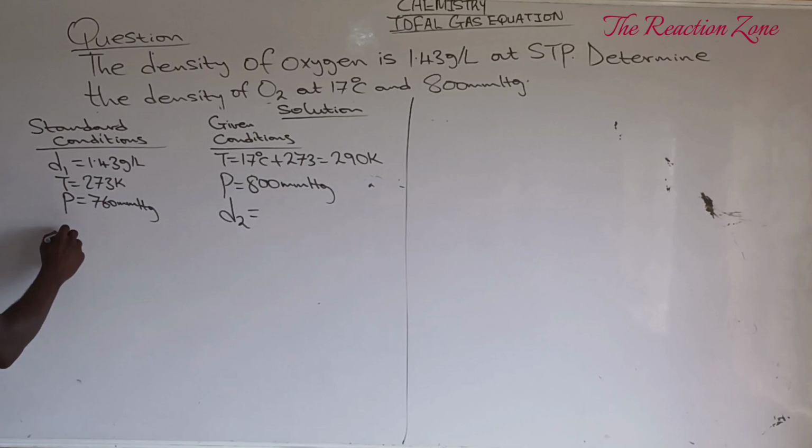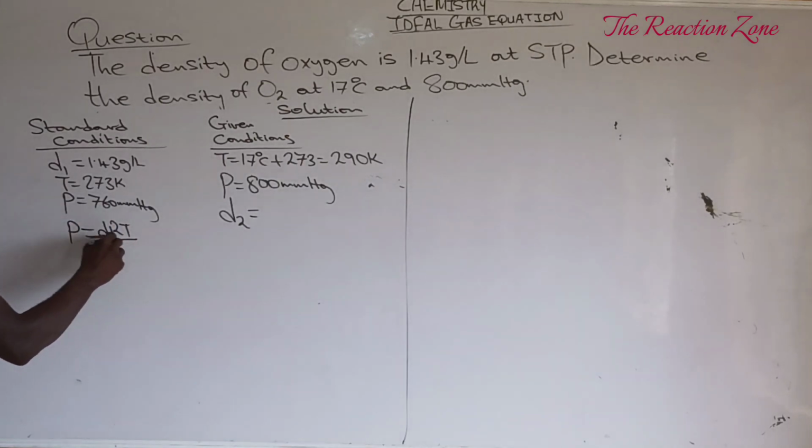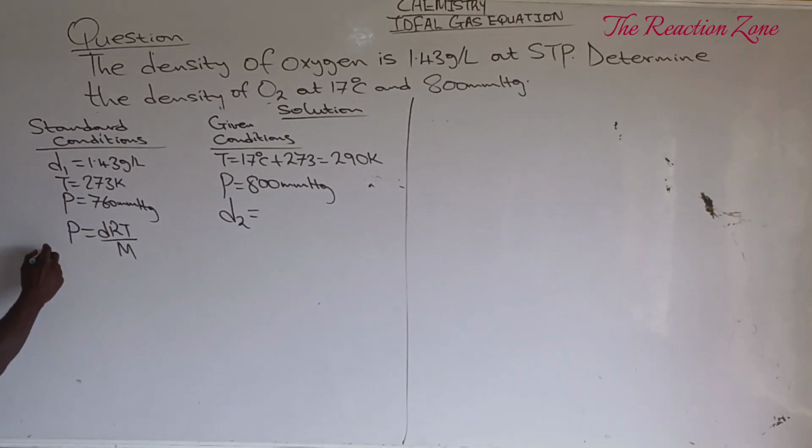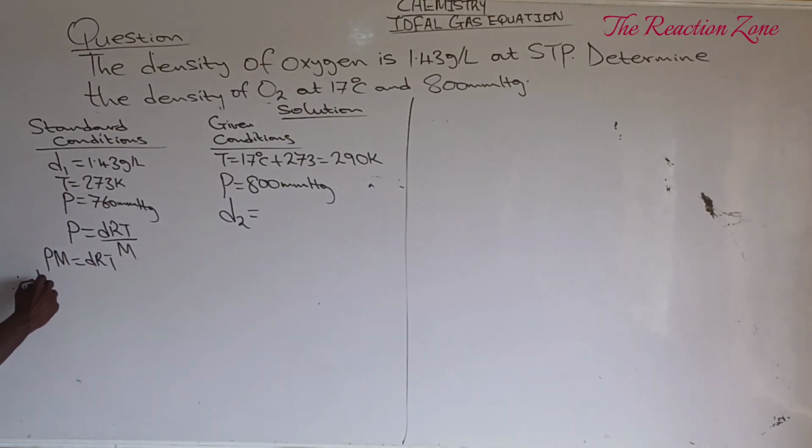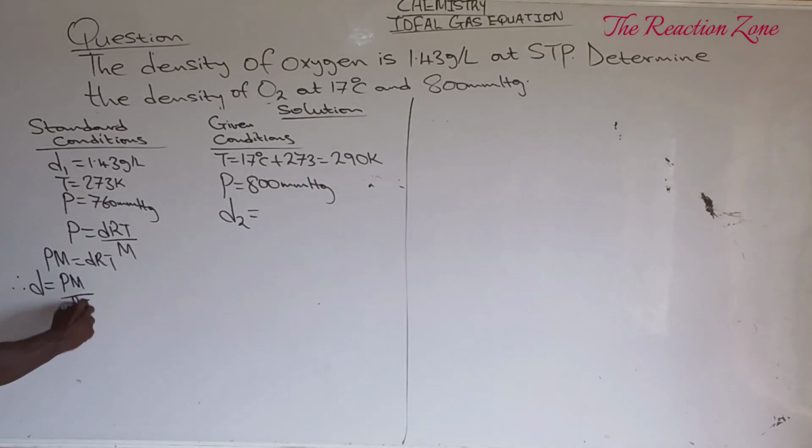Now, recall that P is equal to dRT over M. And if you want to make D the subject here, it means that PM will be equal to dRT. Then D will be equal to PM over RT.